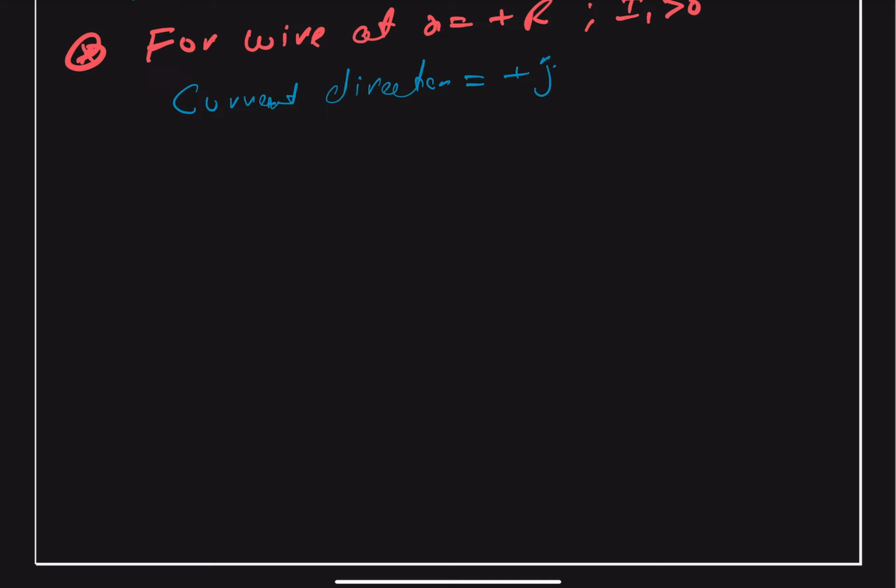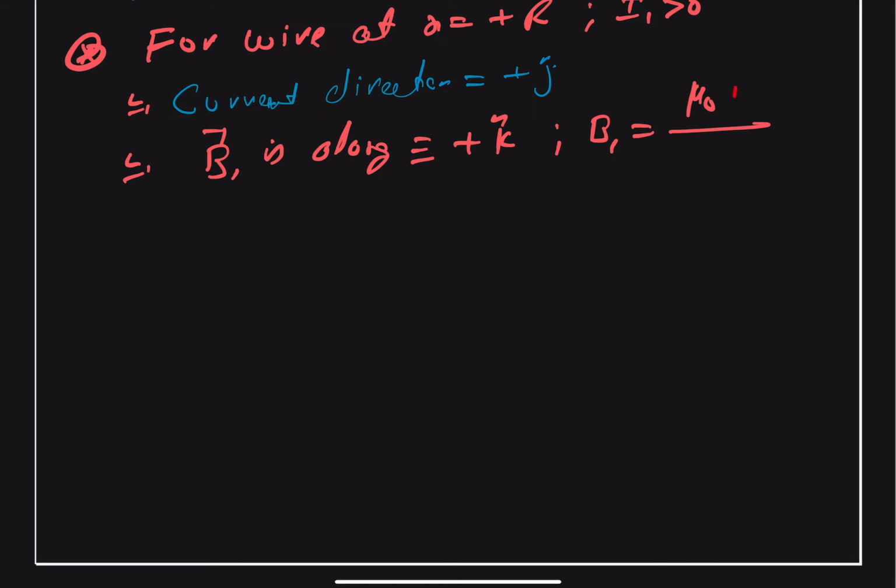So the magnetic field, or we can say B1, is along plus k unit vector, and we can write its magnitude B1 will be equal to mu naught I1 upon 2 pi r.